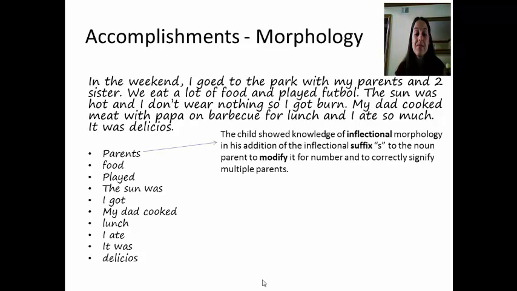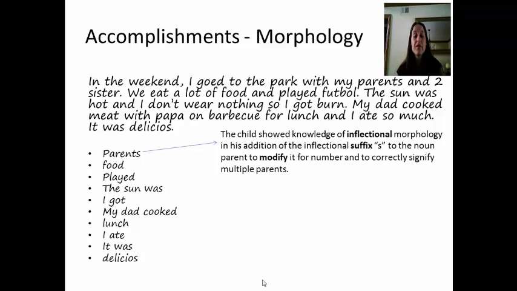So look at parents. We know that this is an accomplishment in terms of morphology because the English language learner correctly added that s, that inflectional suffix to modify for number, onto the noun parent to showcase plurality, more than one parent. And here I give you a little write-up of the way that I would describe that.